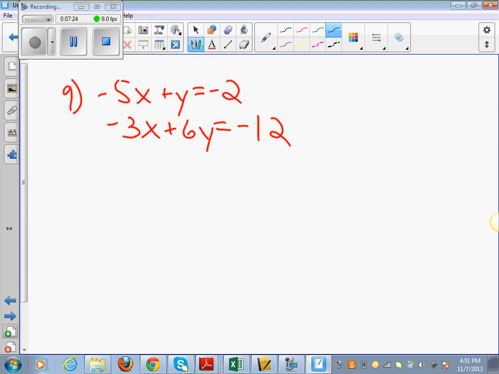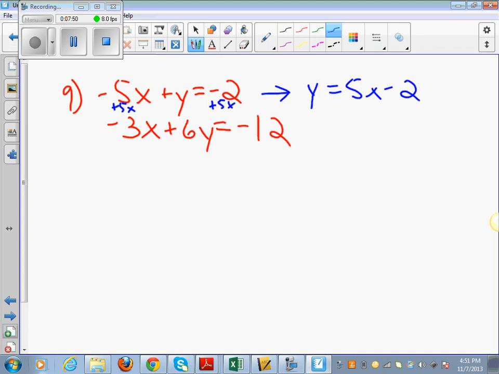So I'm going to look at this very first equation, and I have y, which does not have a coefficient in front of it. So I'm going to get y all by itself by adding 5x to both sides, which means I can rewrite that equation as y equals 5x minus 2.